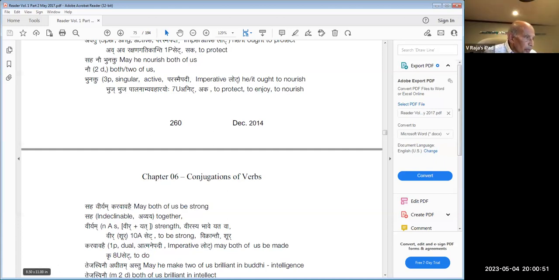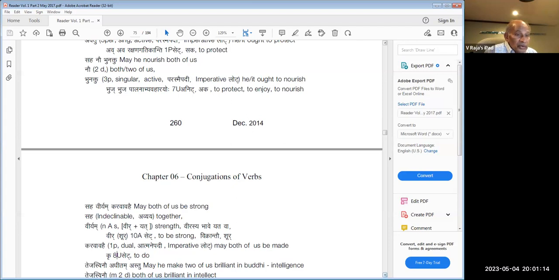It comes from a root called kri, and it is the first person dual Atmanepadi imperative, lot. May both of us be made strong.